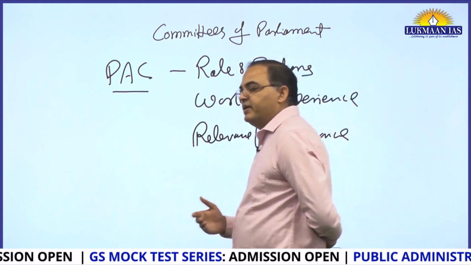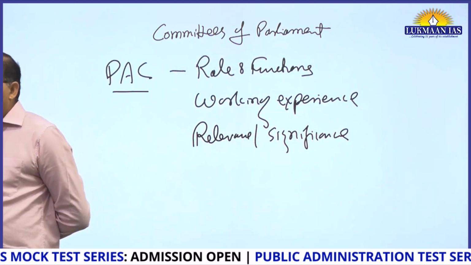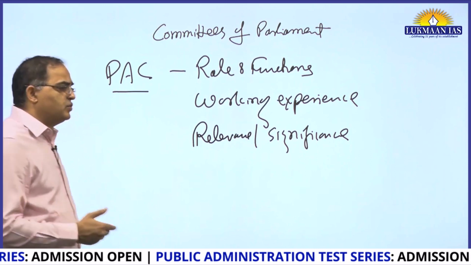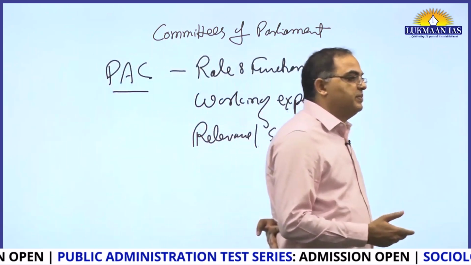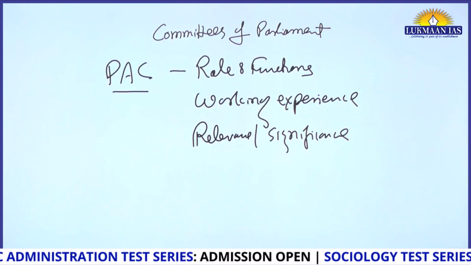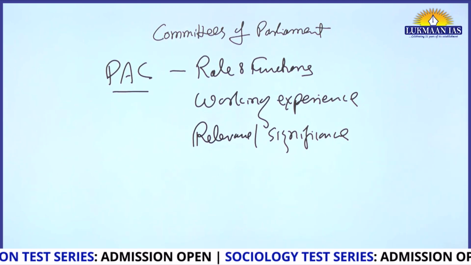Once it gives recommendations, the government is bound to bring an action taken report, in which the government mentions the recommendations which have been accepted, those rejected and why they have been rejected, and those which are under consideration.